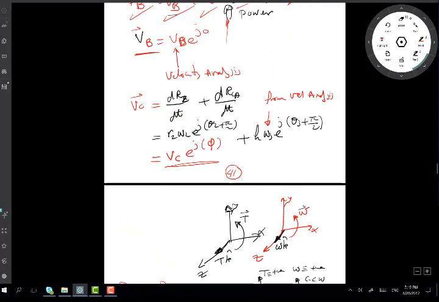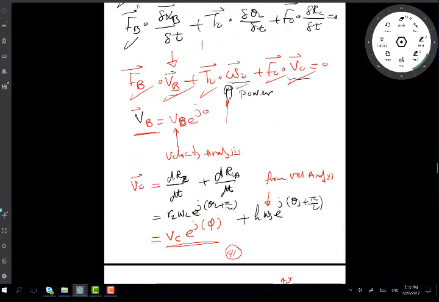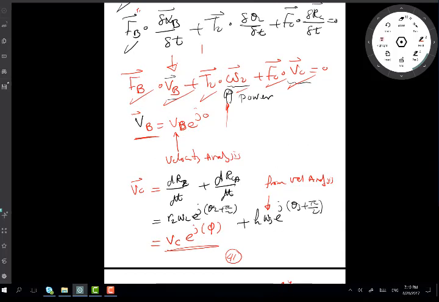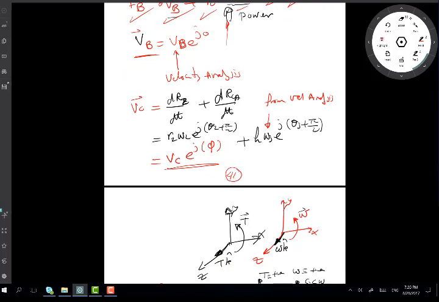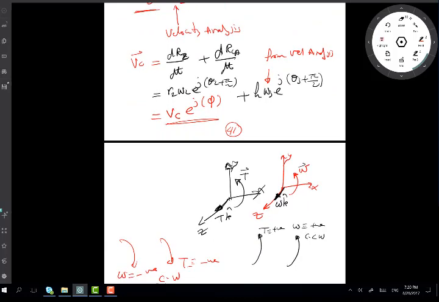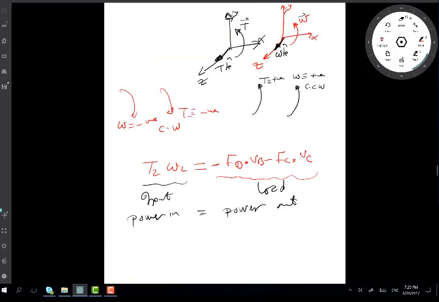But I need to explain now how to calculate the dot product of vectors. Let me give you this example.